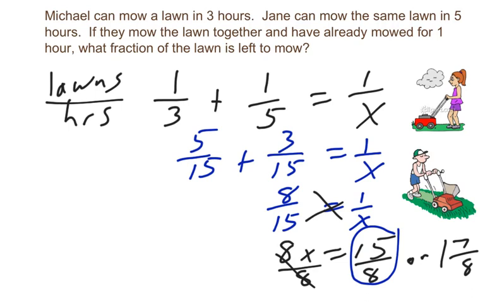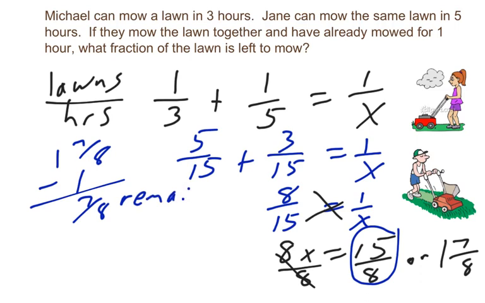Now they've already mowed for 1 hour, so we just subtract 1 7/8 minus the 1, and that gives us 7/8 remains, and that's hours. So remember, this is part over whole.